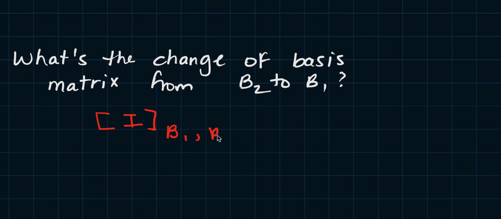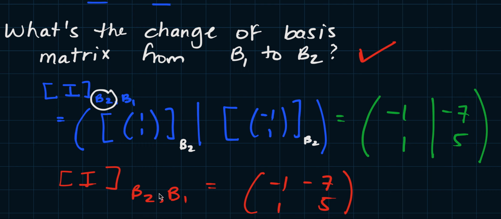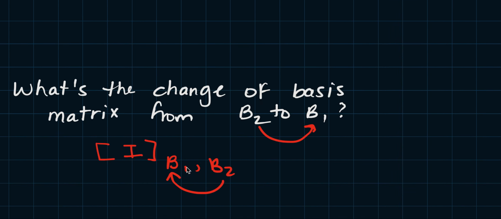From B2 to B1. Well, it goes backwards like this. B2 to B1. Let's look at the other one again. We went from B1 to B2, so these have to change. We're going from B2 to B1. There's two ways to do this. Let's talk about both of the ways.